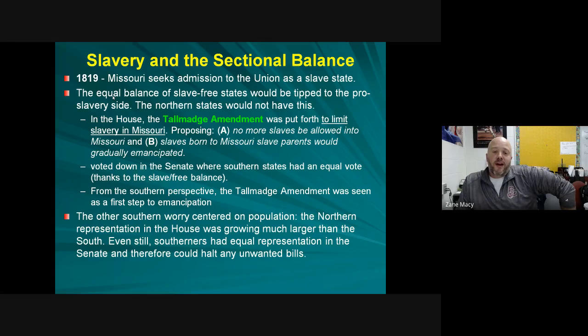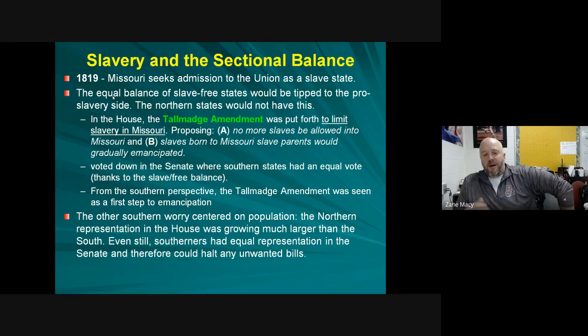In the House, you had the Tallmadge Amendment. It was going to limit slavery in Missouri. If Missouri becomes a state, the proposal was that no more slaves would be allowed in Missouri. Slaves that already lived with their masters in the Missouri Territory would be allowed, but no new slaves could be brought into Missouri.